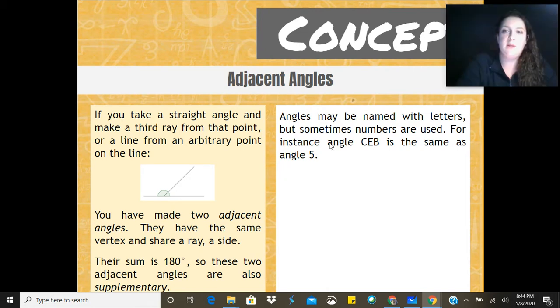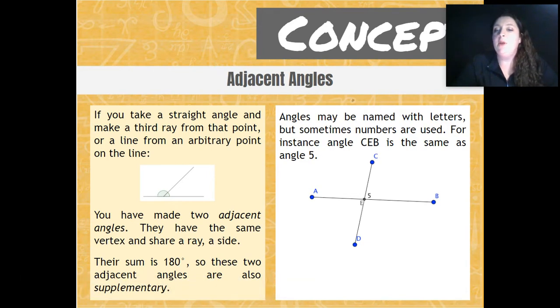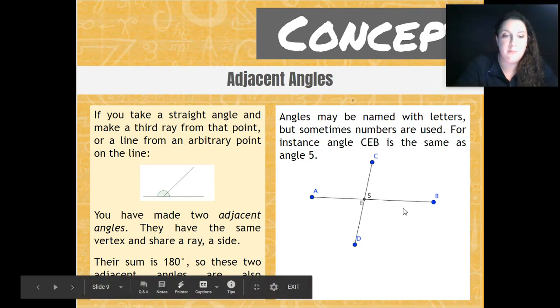So let's see why this isn't working. If you look, line AB intersects line DC at E. That is the point. But angle 5, what are they talking about? They're talking about the area between, see if this will let me use a pointer.